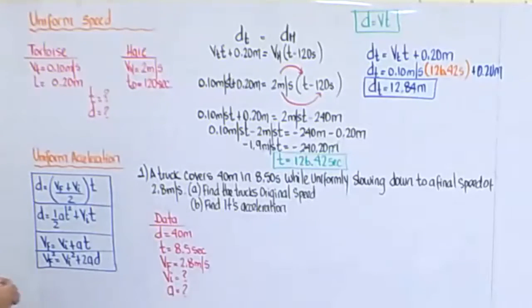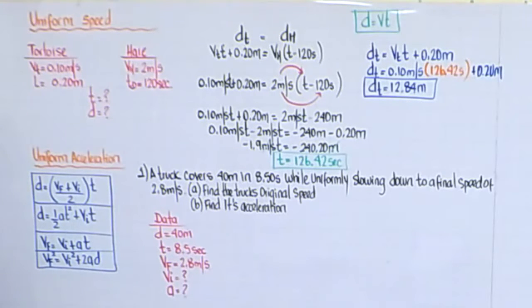Okay, guys. As you can see, it's too easy to identify when we're talking about uniform acceleration versus uniform speed, and how we can proceed in these situations. This is like a menu in a restaurant. You have 4 different formulas, and according to the data, you have to choose one of these formulas that will be useful to find what they're asking for.